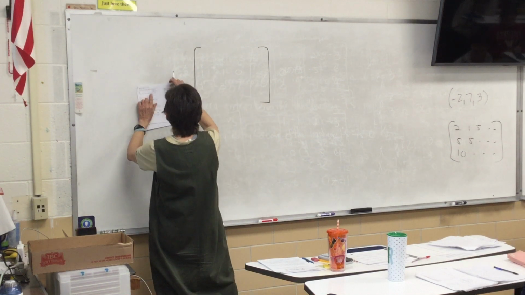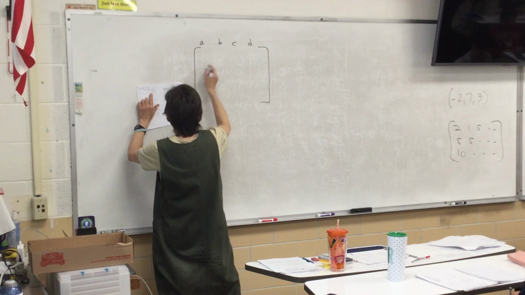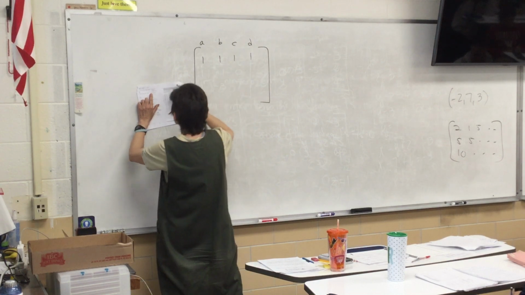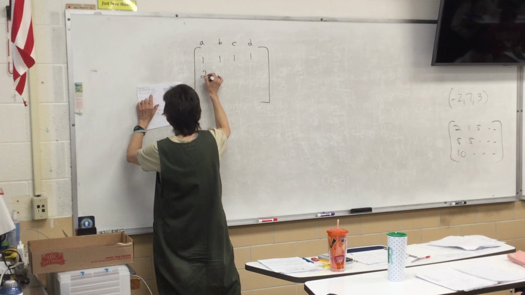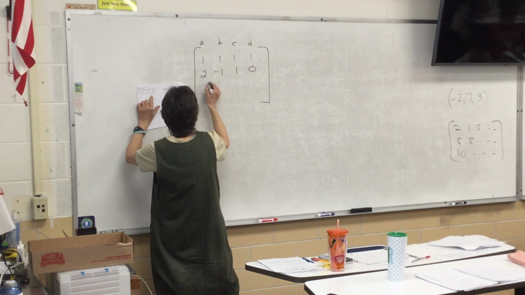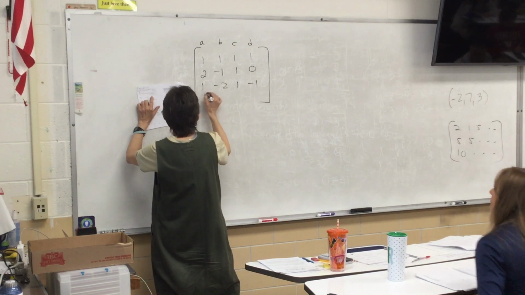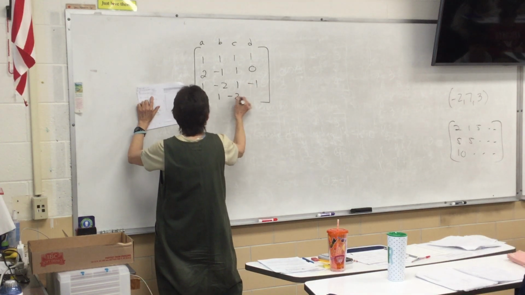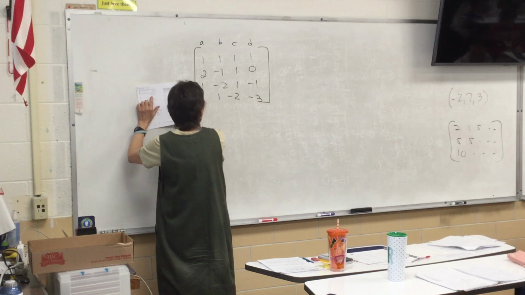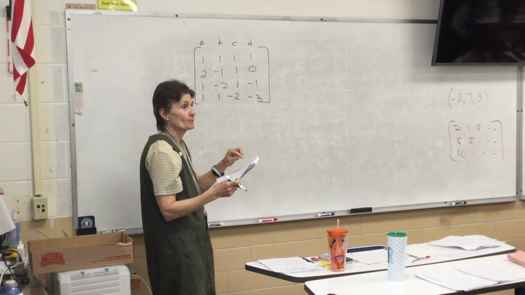When you write your coefficients, we're going to have A, B, C, D. So I have 1, 1, 1, 1. Now, when something is missing, you're going to put in a 0. And of course, you're including all negatives. All right, so does that coefficient matrix make sense to everybody?